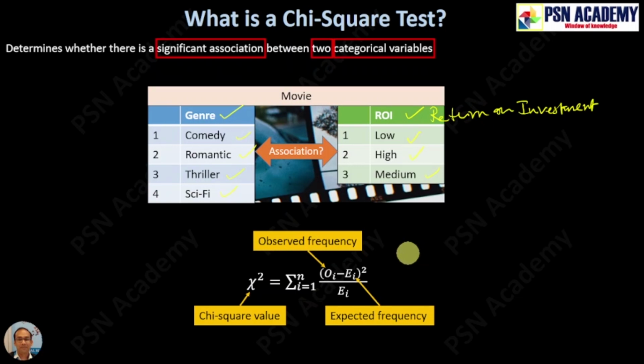If you have n observations in your data set, then i will run from 1 to n. For each O_i, the observed frequency, you have to find an expected frequency, which is not available in your collection. So you have to calculate E_i for each O_i, plug the data in, and you will get the chi-square. It's so simple.